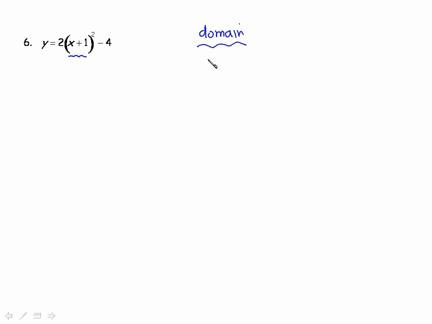The x plus 1, there are no restrictions. There's no square root. There is no denominator. The range, well, if you isolated the x, add on 4, so y plus 4 is equal to 2 times x plus 1 squared.